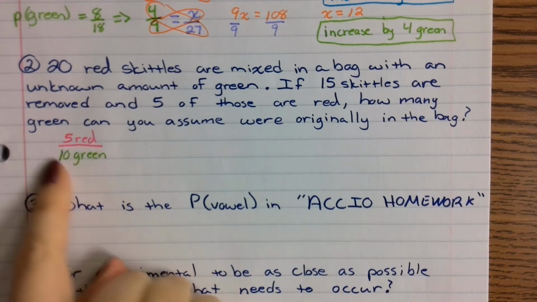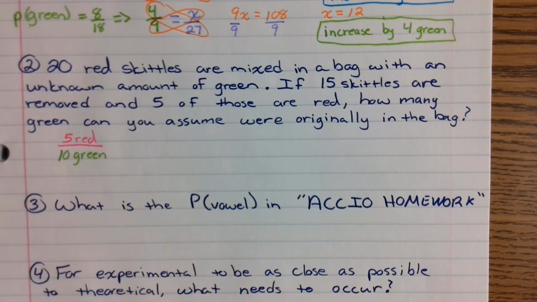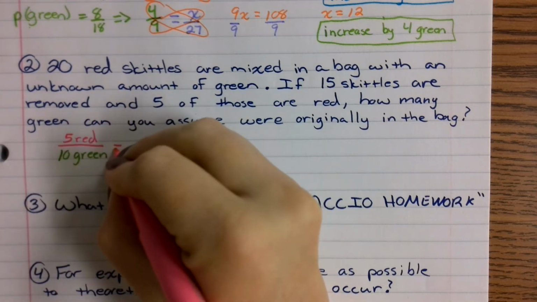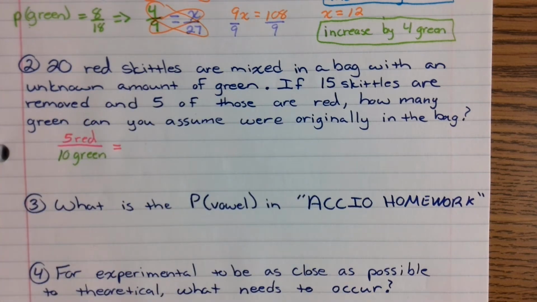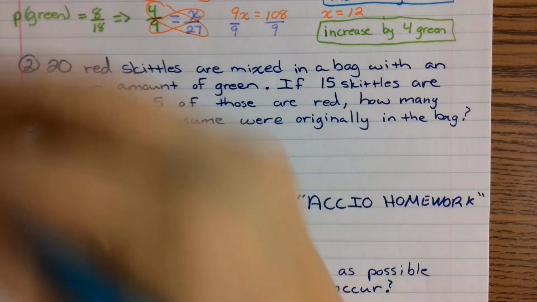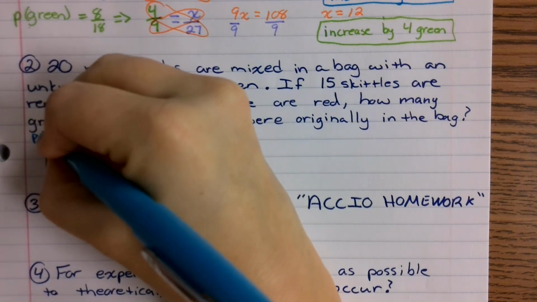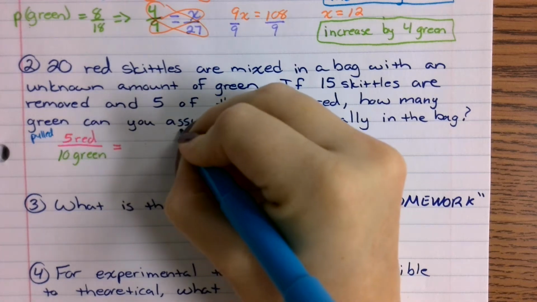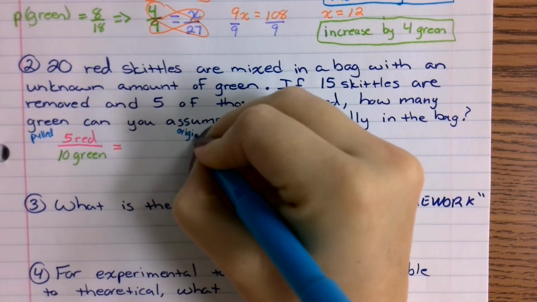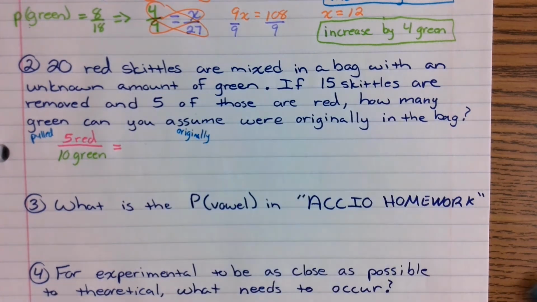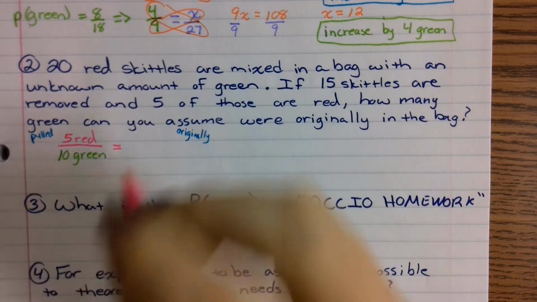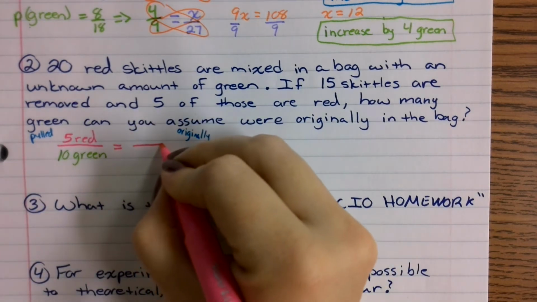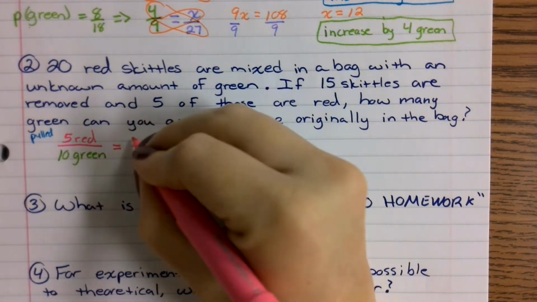So this is information I know, exactly. Now here's partial information I know. I also know originally, so here, I'll write this out on the side. This is what we pulled, and this one's going to be what was originally. So originally in the bag, how many were red? 20.